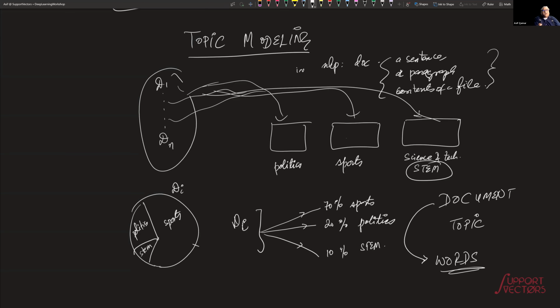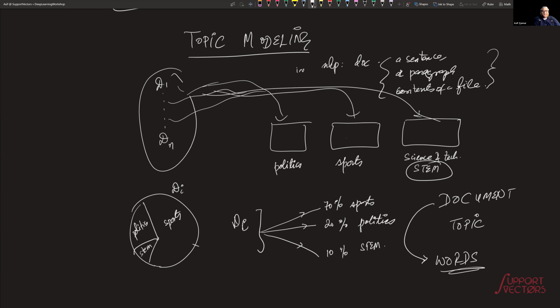However, when we talk about topics, topic is an abstraction. It is a human construct. You can say it's a linguistic construct and so forth, based on experience. Now, quite often, unless the document has already been tagged with the topic, you don't know the topic. Topic is something you infer about a document.